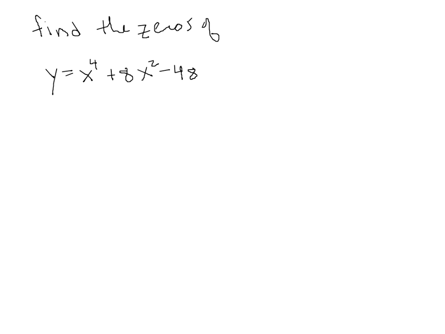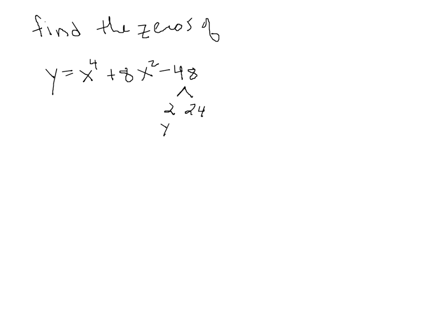Okay, so we're going to find the zeros of this polynomial and several others. We can solve this one in two different ways. 48 factors into 2 and 24, but that doesn't add up to 8.